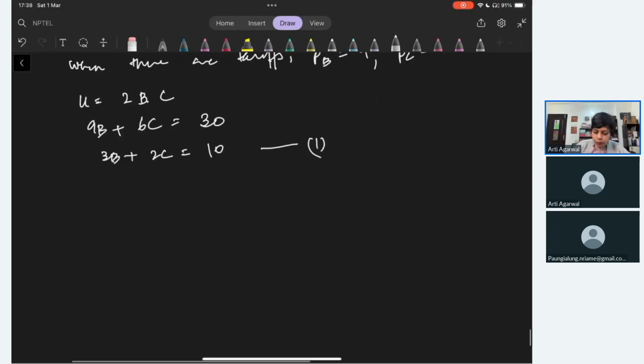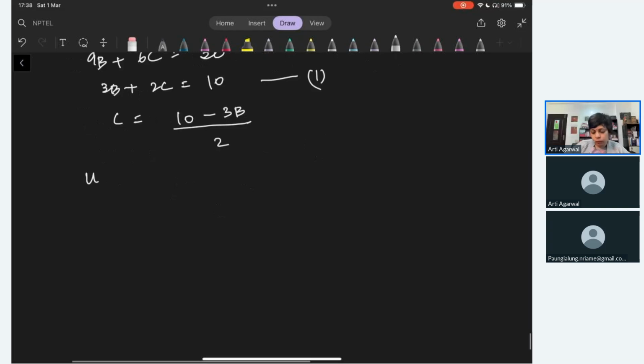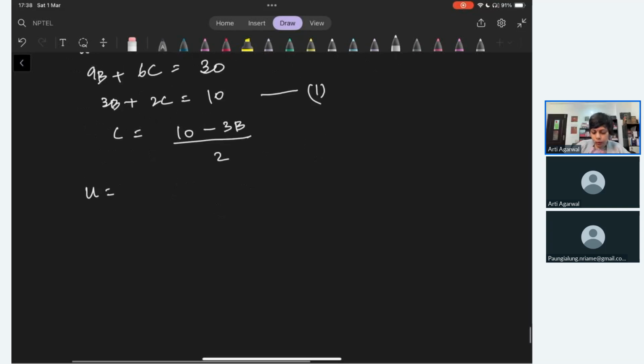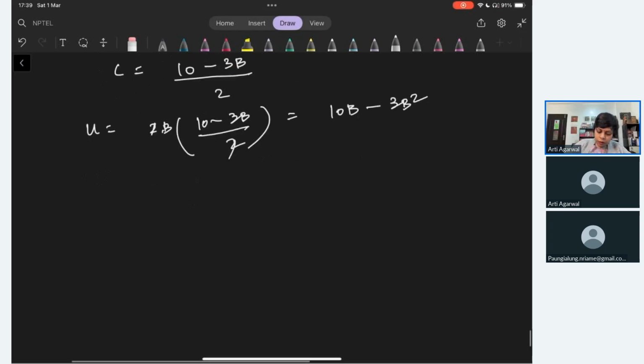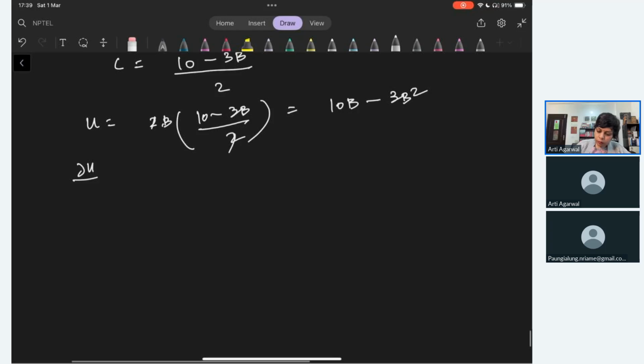You can label this. C is again equal to 10 minus 3B by 2. U is equal to 2BC, which is now, you can cancel 2 and 2, so you get a slightly neat expression now. Take partial derivative. 10 minus 6B is equal to 0.